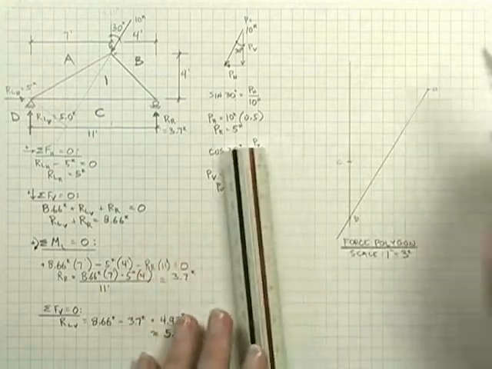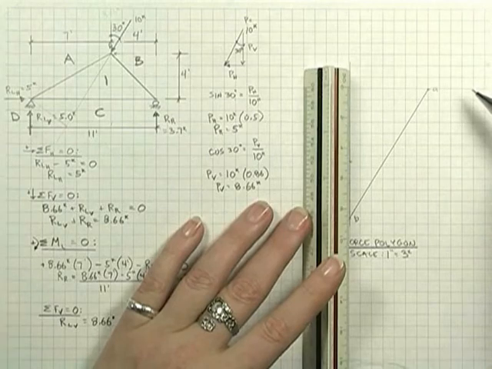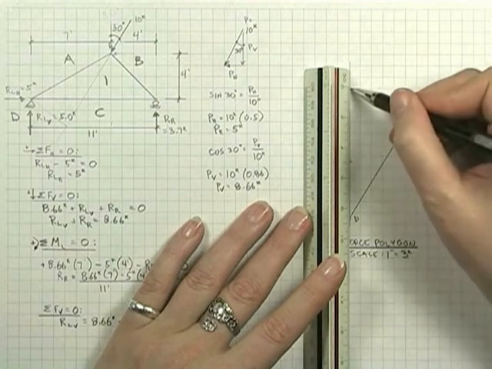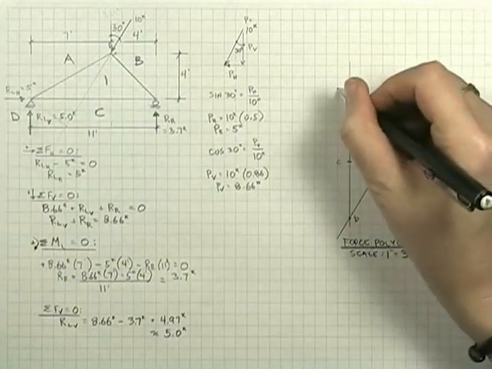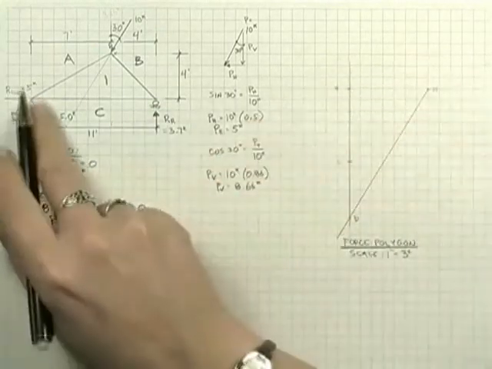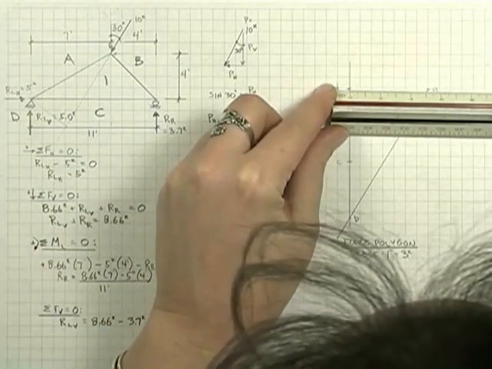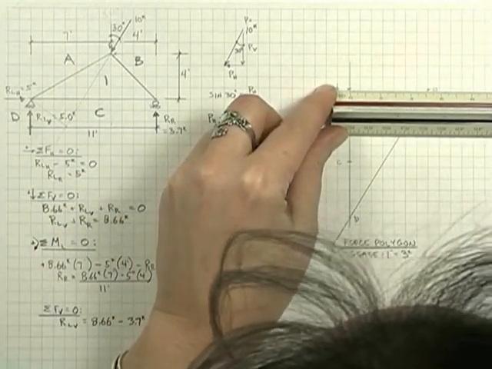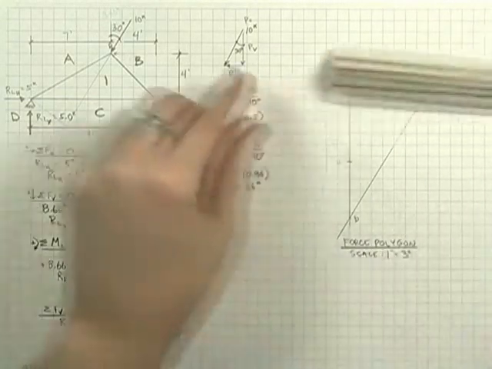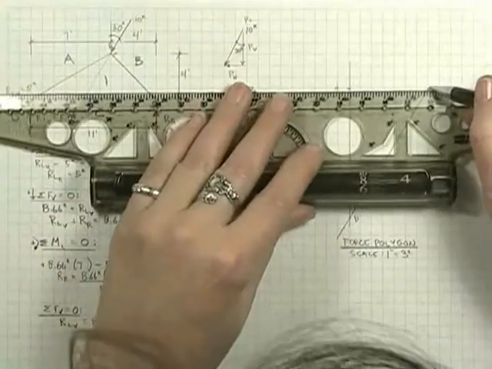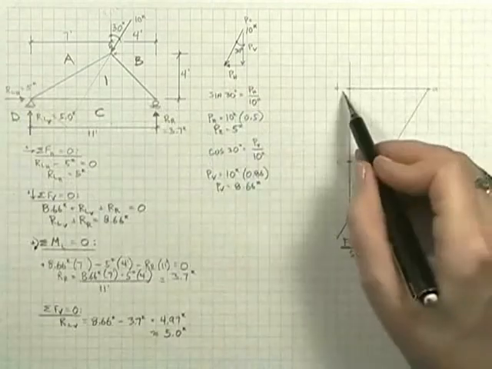That's point C. And then 5 kips, of course, takes us back to point D, and then 5 kips over, if we've done everything correctly, this should come out to 5 kips. And we can see it's slightly off, but it's pretty close. And we go from D to A.